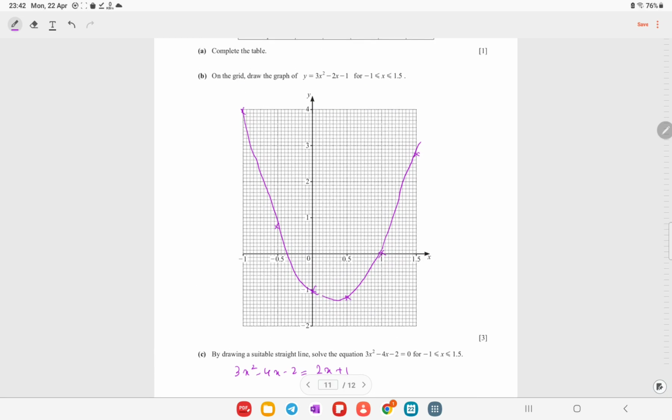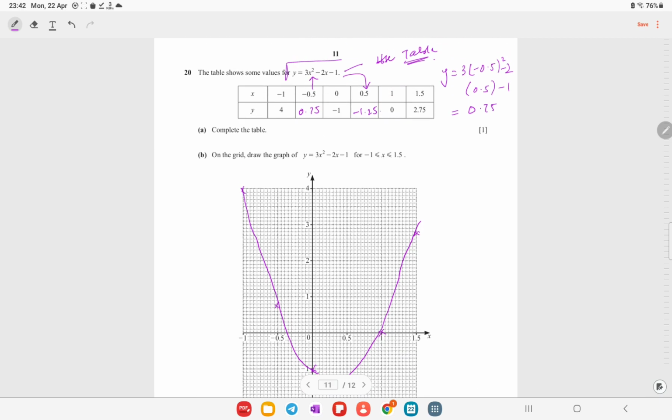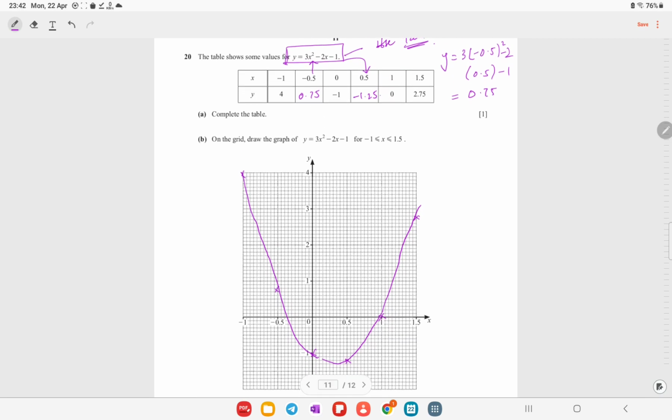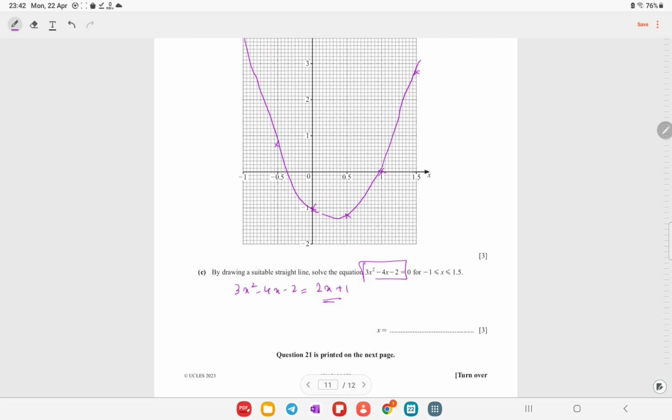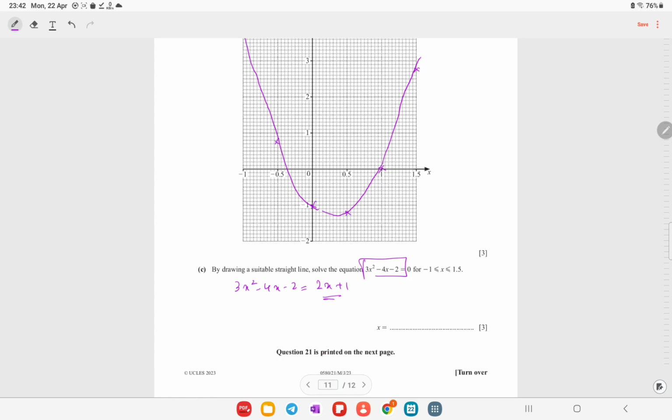If you compare this equation and this equation, you need to understand that you have to add 2x plus 1 in order to make both equations equal. Then you solve this and you will get your line, y equals 2x plus 1.